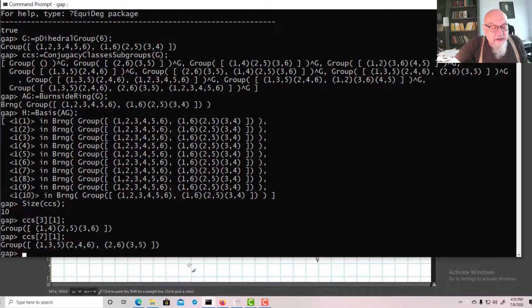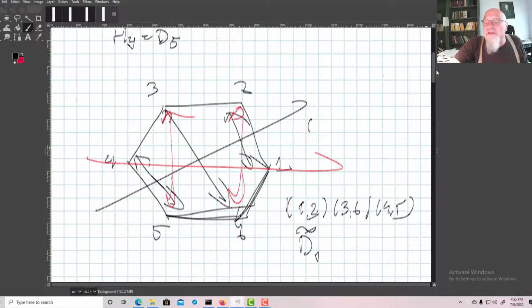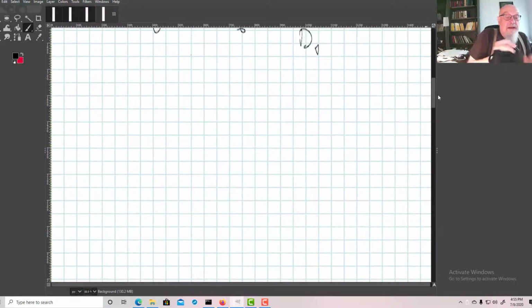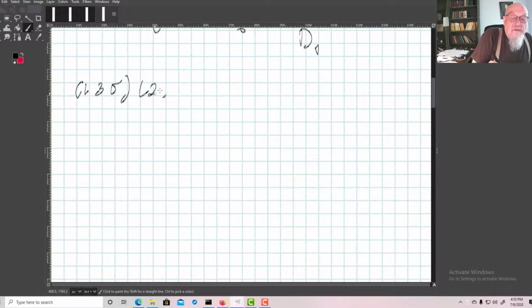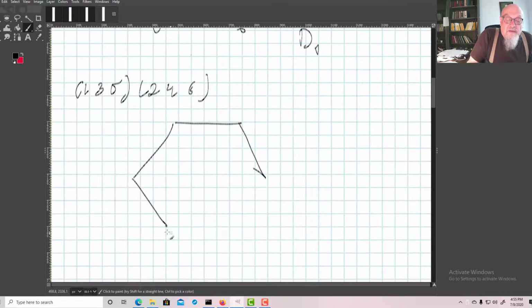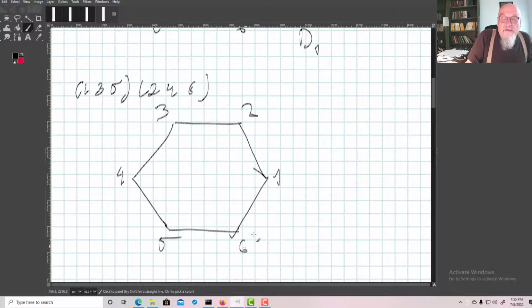So let me write permutations 1, 3, 5. Okay, so we have a permutation like 1, 3, 5, and this is 2, 4, 6, and you can think about how this permutation is related to symmetries of the hexagon. So this is 1, 2, 3, 4, 5, 6.